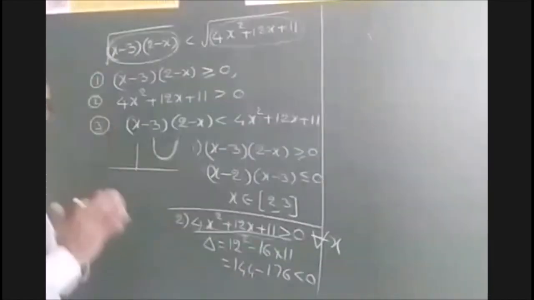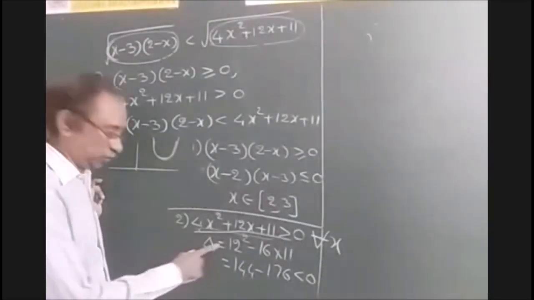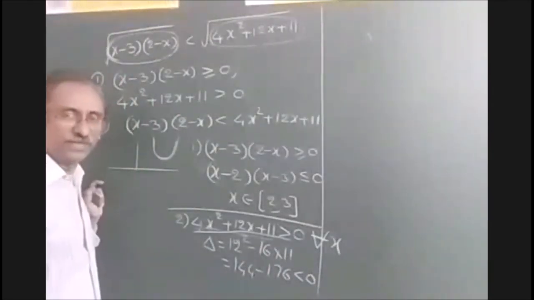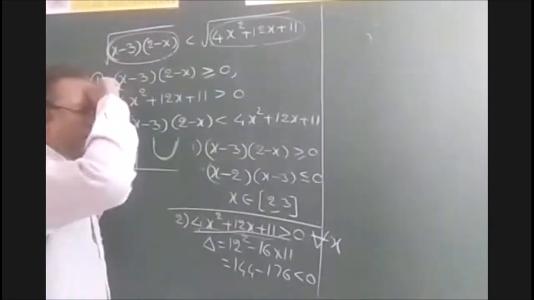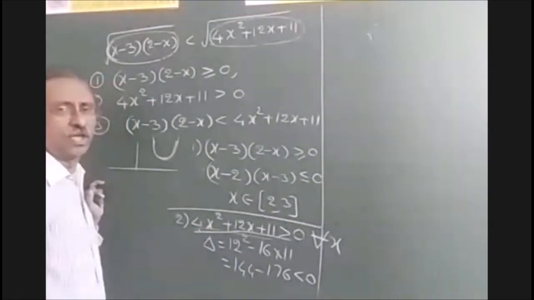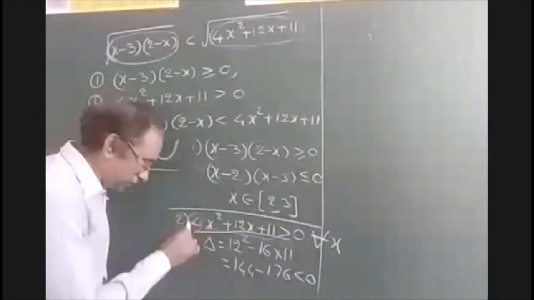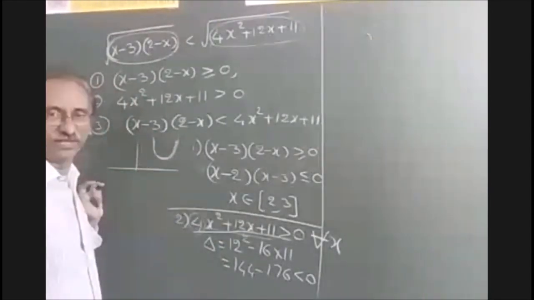How can we decide? See, once again, that is an important concept. First, find delta. If delta is less than 0, the roots are imaginary, that means it does not have any real roots. That means it is always greater than 0 for all x or always less than 0 for all x. But see the coefficient: if the x square coefficient is positive, it is always greater than 0 for all x.